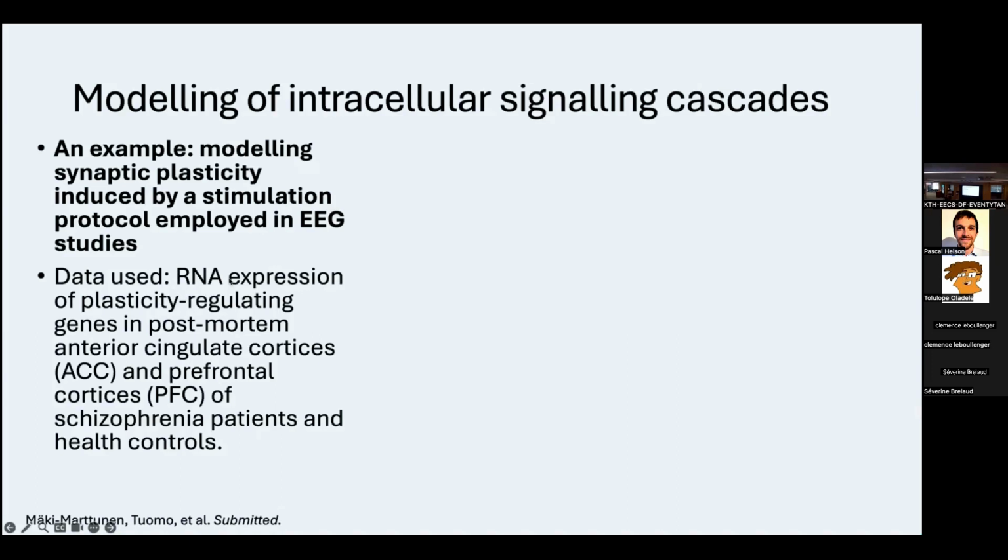So we rely on this RNA expression data. It's been measured from anterior cingulate cortex and prefrontal cortex post-mortem.